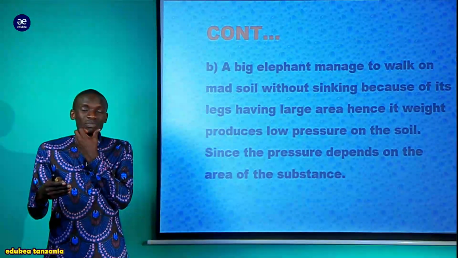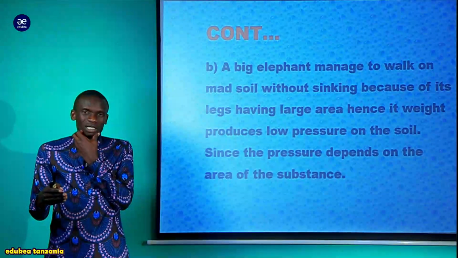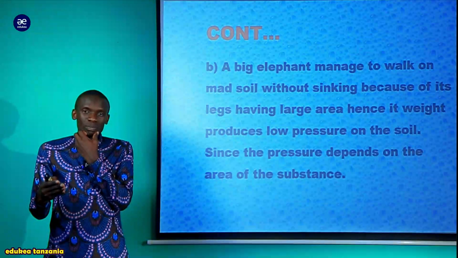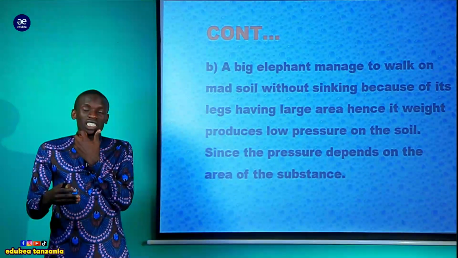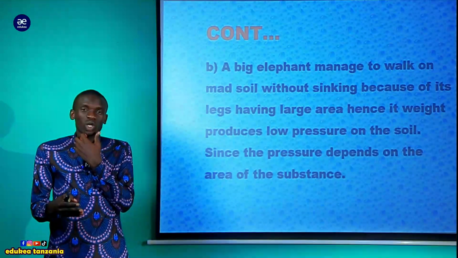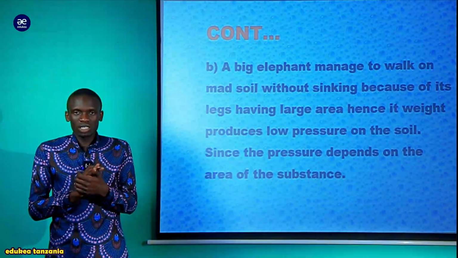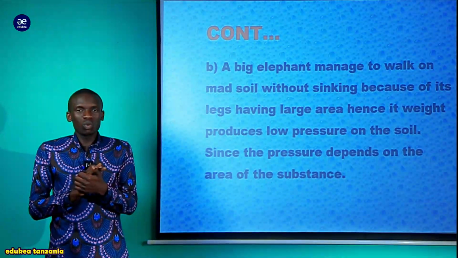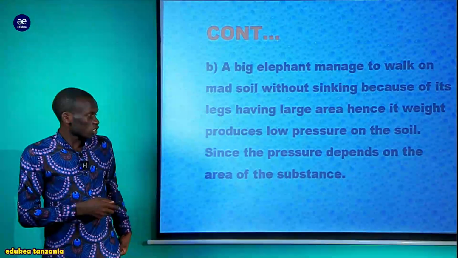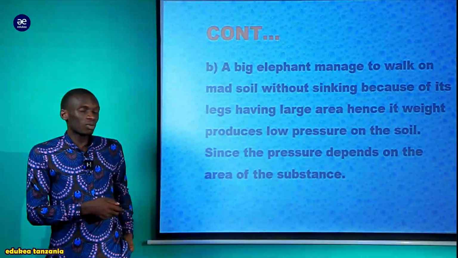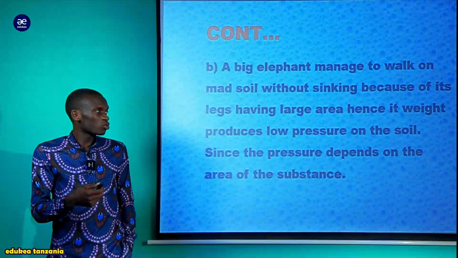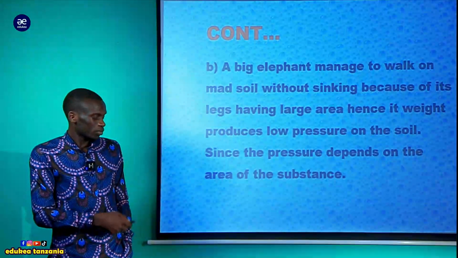But if the thing is made thinner, it means that it is made to increase pressure. Example, a knife. It is made to be thin in order to increase pressure, to make it easy to cut substances. So that is why we make those knives to be sharp.